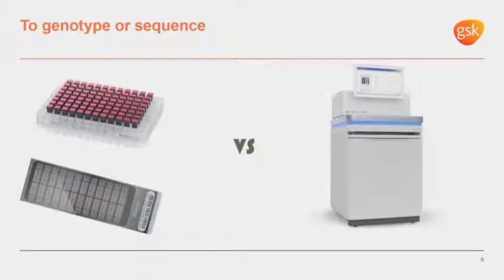Genotyping, on the other hand, uses these types of arrays. This is an Affymetrix PMRI, the Precision Medicine Initiative research array, and this is just a representative Illumina array. What you do here is capture signposts. You measure somewhere between 500,000 and 1 million genetic signposts throughout the genome.